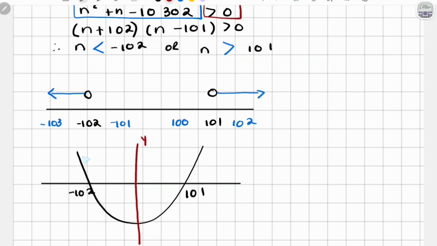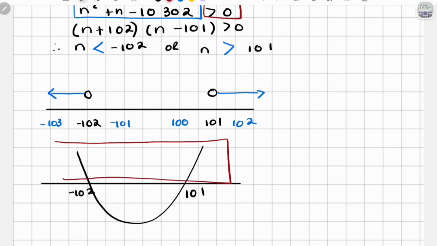So you will only be looking at parts of this graph that have y values greater than 0. And look at where that's going to be. This point has a y value greater than 0. But when you go down here, this has a y value less than 0. So we can't use that. If you monitor this graph all through, you would notice that the only places with y values greater than 0 are over here, everything above the x-axis.